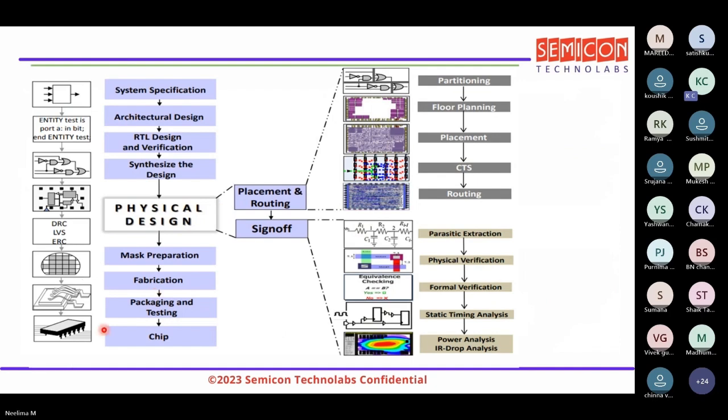Now, this is another view of the entire cycle from the idea to the chip. So many steps are going on, and physical design comes here. Again, in physical design we have many steps: partitioning, floor planning, placement, CTS, routing.